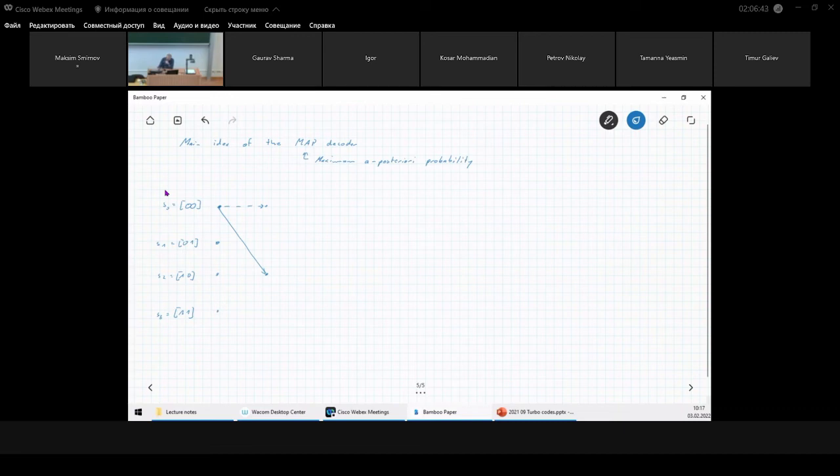So if we say here time step R, and we have here the actual state, S, and S prime, the following state.